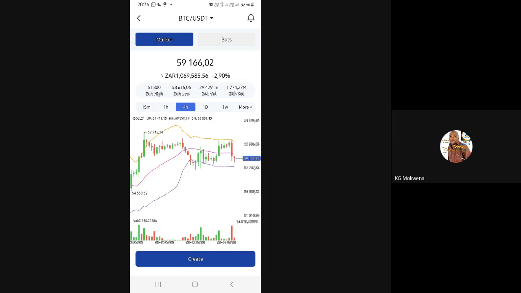So now, looking at BTC business partners, that is 4-hour chart. We can see already the price has broken below the moving average, the pink line there, the middle line. That is the moving average of the price. So everything here has a formula calculated.